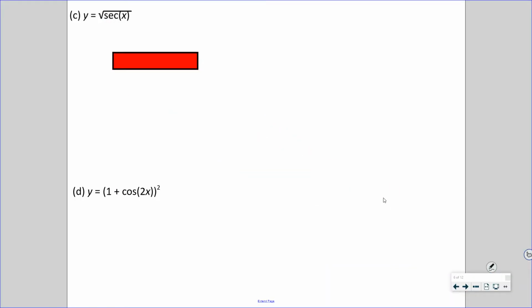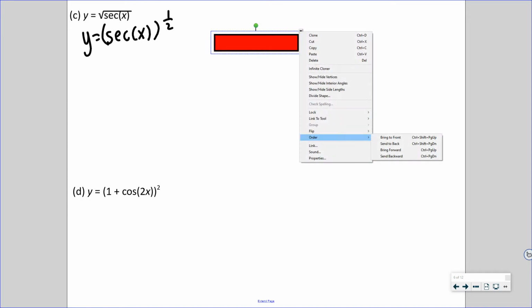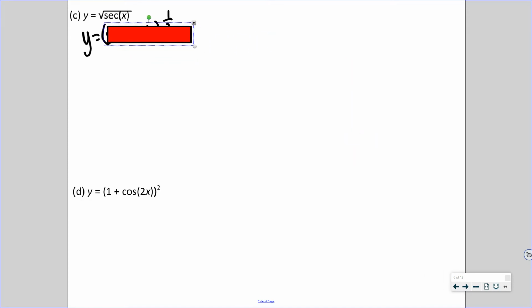All right, my inside is secant of x. I'm just going to cover that up. Let's rewrite this as a power first. Anytime I see a radical, I'd rewrite it as a power: secant of x to the 1/2. Now, cover up my inside.